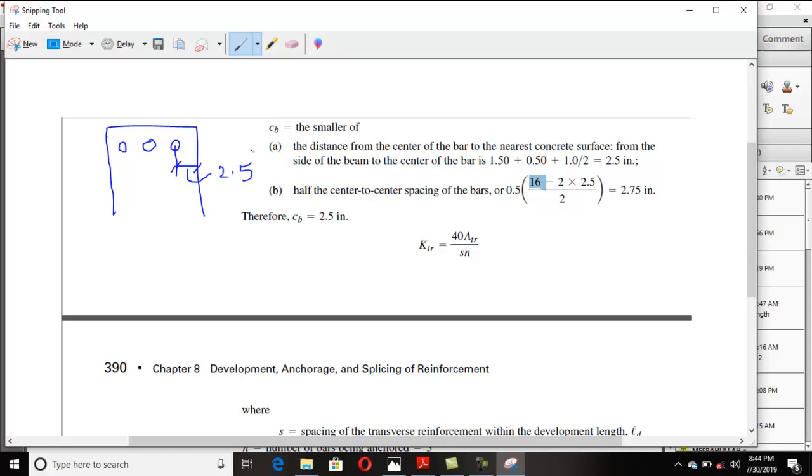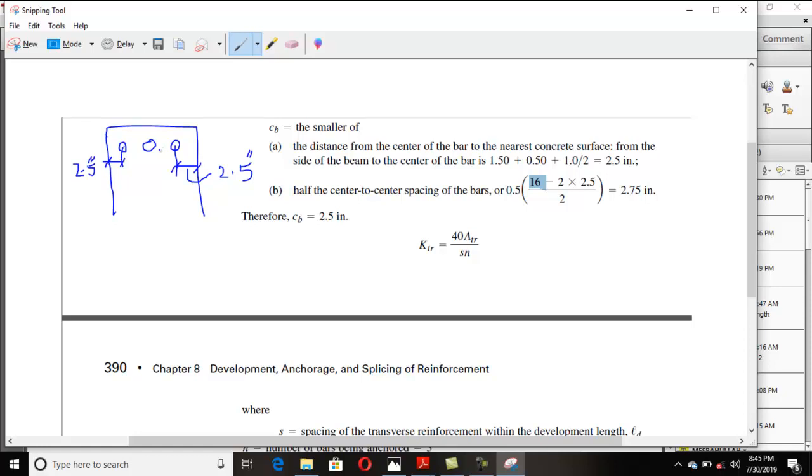And this distance also comes out to be 2.5 inch. Clear?